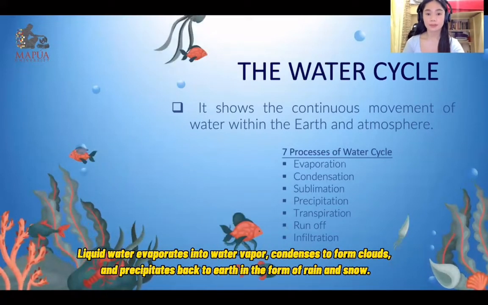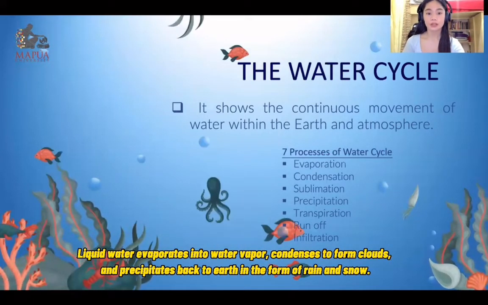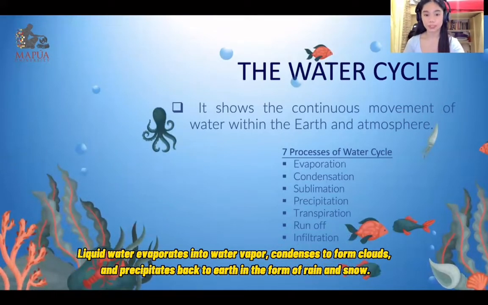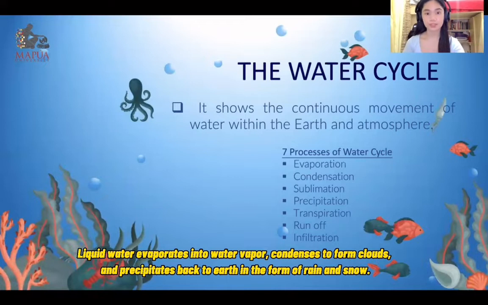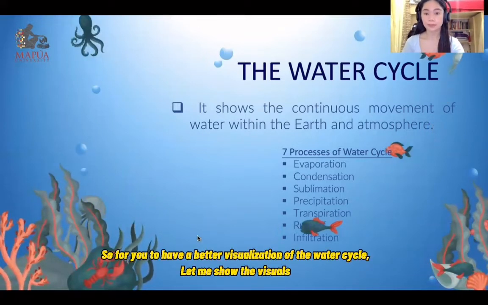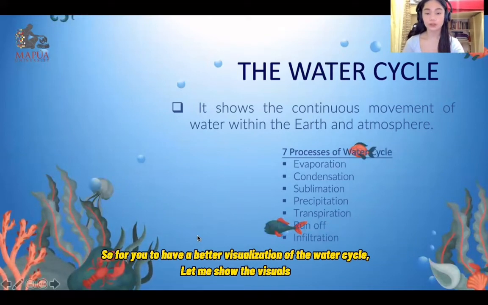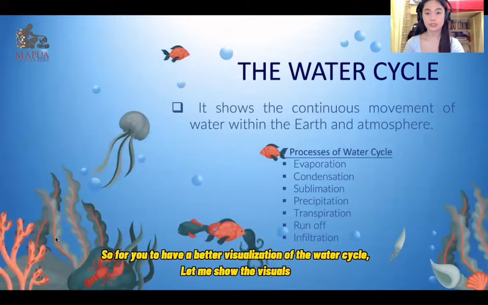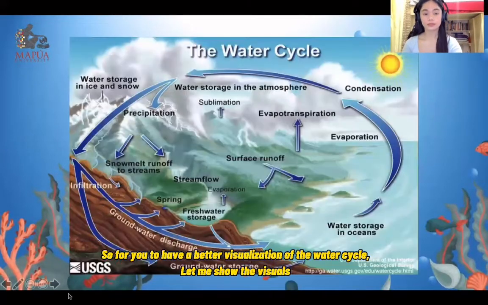Liquid water evaporates into water vapor, condenses to form clouds, and precipitates back to earth in the form of rain and snow. So for you to have a better visualization of the water cycle, let me show you the visuals.